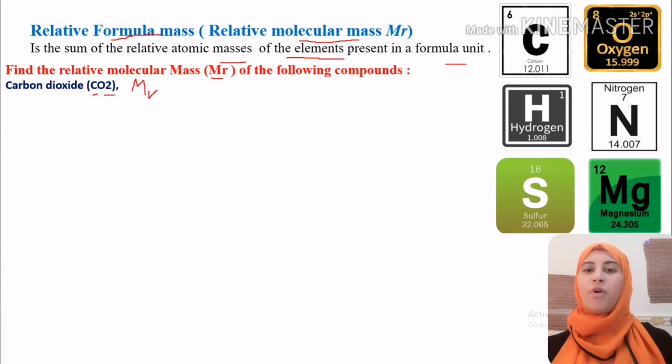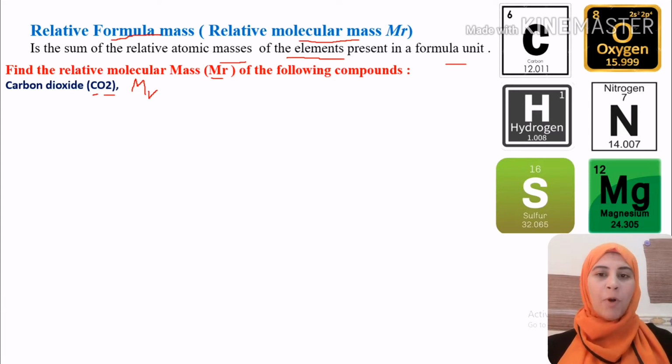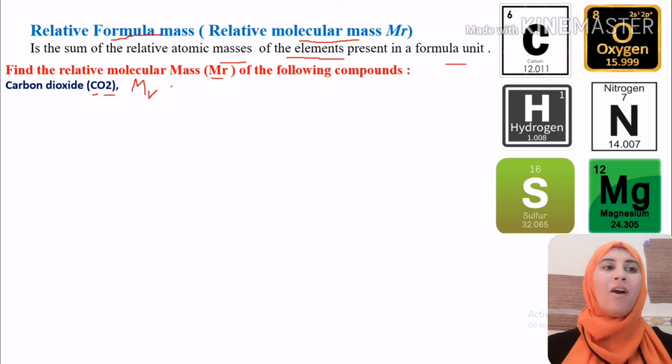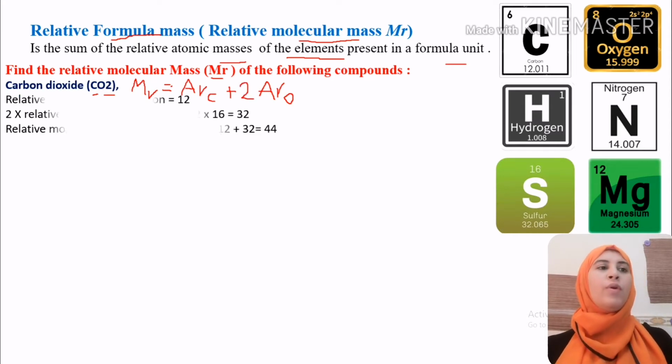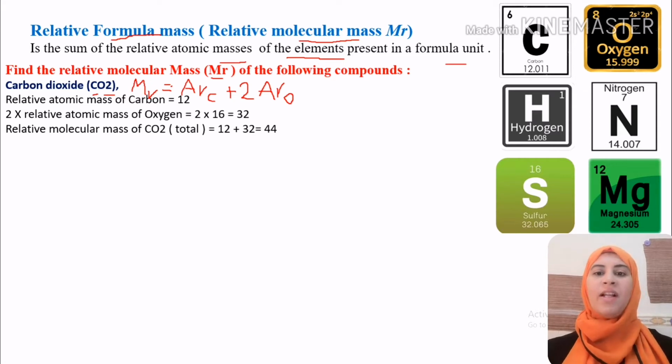The relative molecular mass of carbon dioxide is the sum of the relative atomic mass, Ar, of one carbon atom plus Ar of oxygen atoms. But take care, we have two oxygen atoms, so we will multiply it by 2. So we will know how we can calculate the relative molecular mass of carbon dioxide.